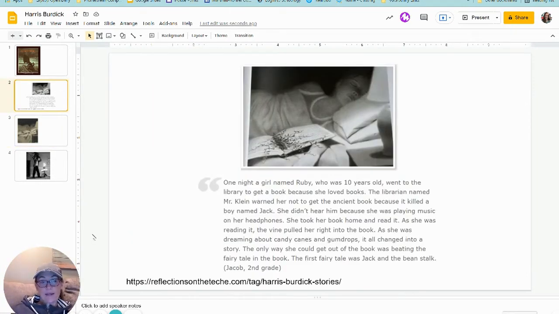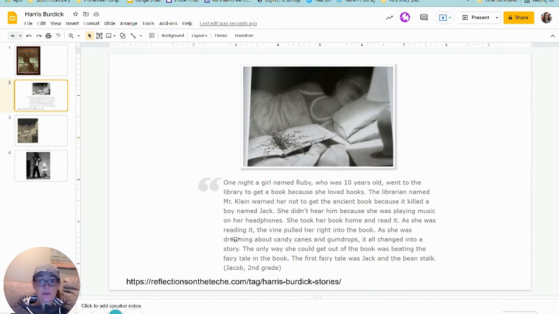This is what a second grader named Jacob thought was happening in this picture. He said, one night, a girl named Ruby, who was 10 years old, went to the library to get a book because she loved books. The librarian, named Mr. Klein, warned her not to get the ancient book because it killed a boy named Jack. She didn't hear him because she was playing music on her headphones. She took her book home and read it.